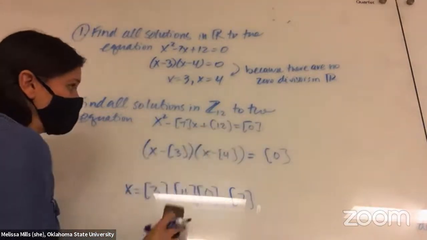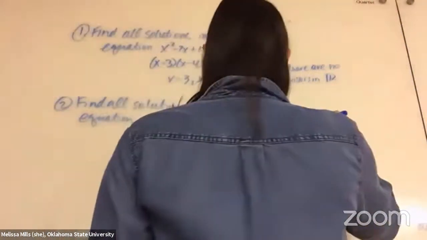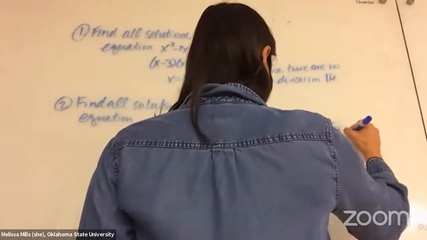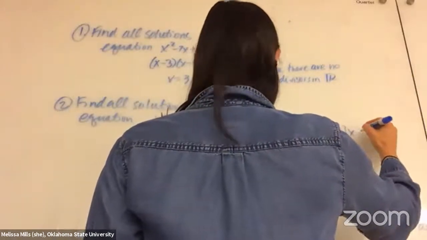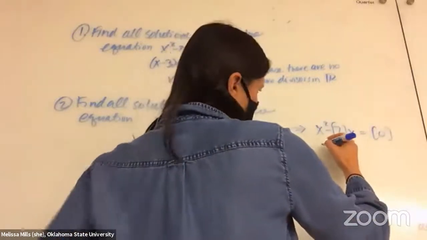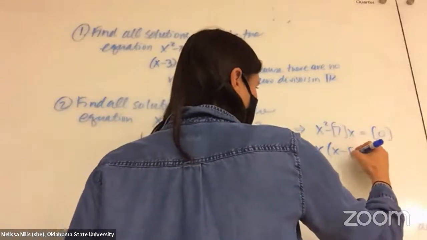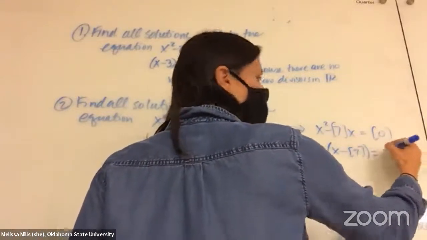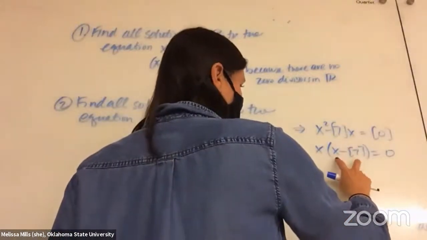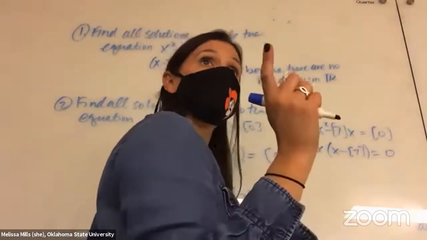So we could have written it that way. This is the same thing as x squared minus 7x equals 0, and here you can factor out an x, and then we get x minus 7. So that gives you the 7 and the 0 there too. Yeah, nice. That's a good observation.